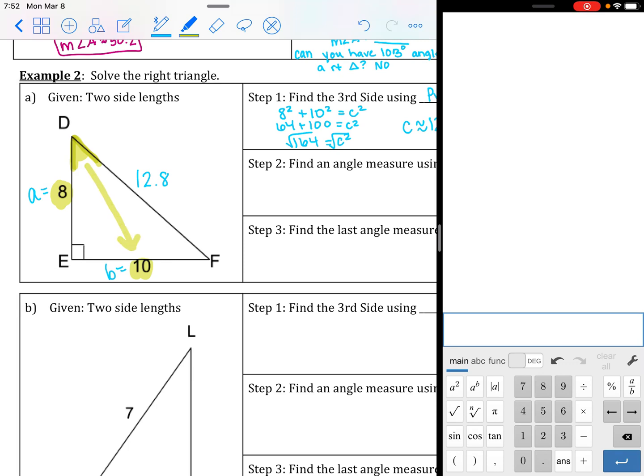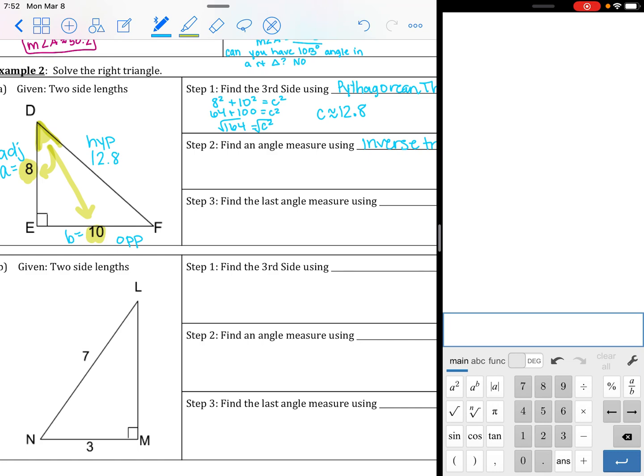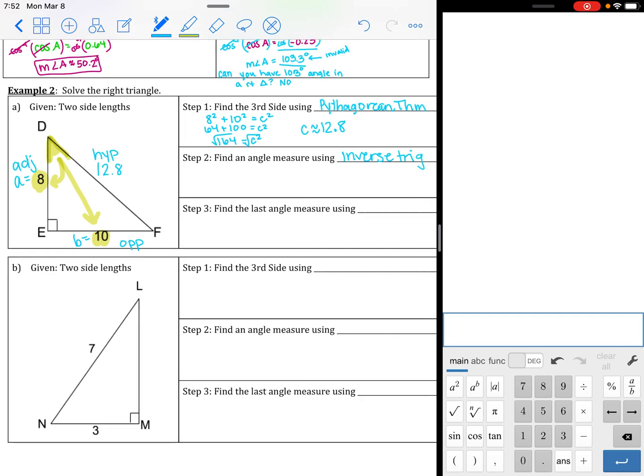So in relation to angle D, the 10 here is opposite, and the 8 is adjacent. This 12.8 that I estimated is the hypotenuse. So if I want to use the exact numbers, the 10 and the 8, I need to use the opposite and the adjacent. So opposite and adjacent are part of the tangent ratio.